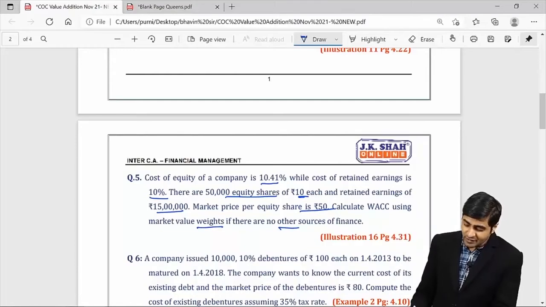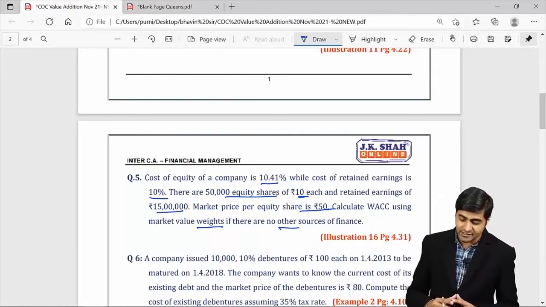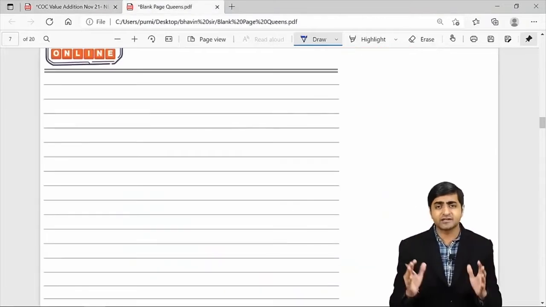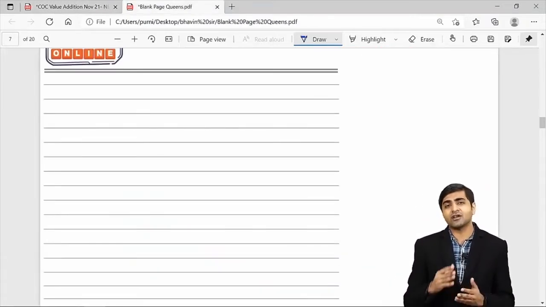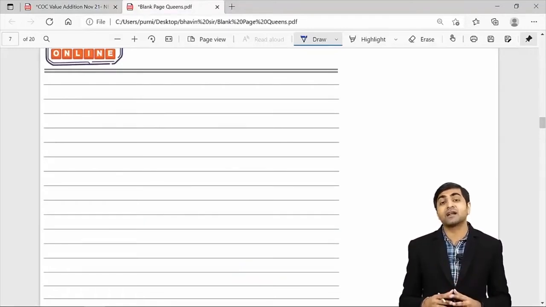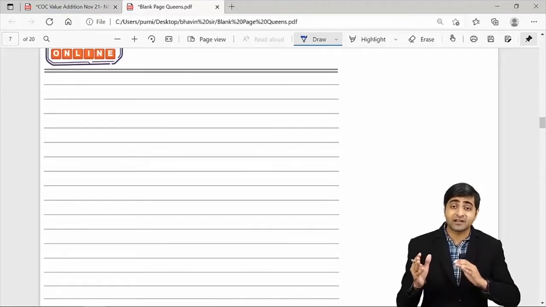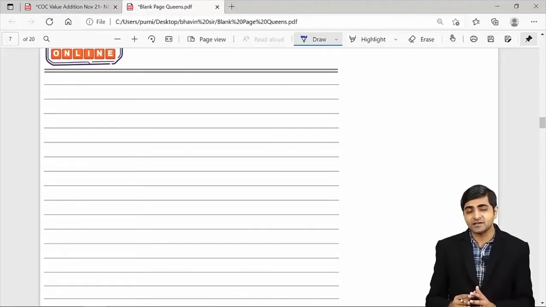So my dear students, in this particular question you are required to calculate your WACC using your market value weights. So first of all, you have to understand that your KE and KR usually are the same, and that's why in market value weights we always ignore your reserves and surplus, because the market price of an equity share is always after considering the impact of your reserves and surplus, right?